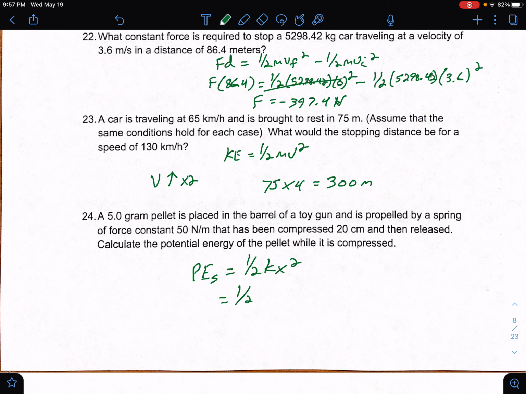So 1/2, K is your spring constant, which is 50. X, I cannot have this as centimeters, so I'm going to go ahead and fix that. So take 20 divided by 100. That gives me 0.20. So that is X, how much I actually compressed or stretched my spring. Now I'm just going to plug in, and this comes out to 1 joule.